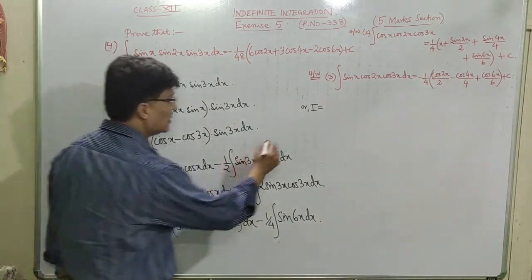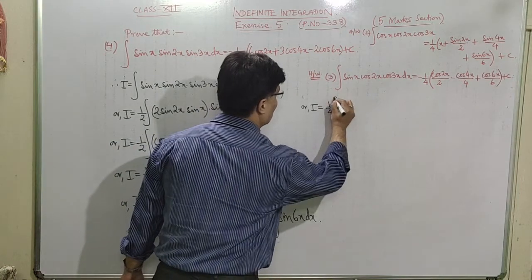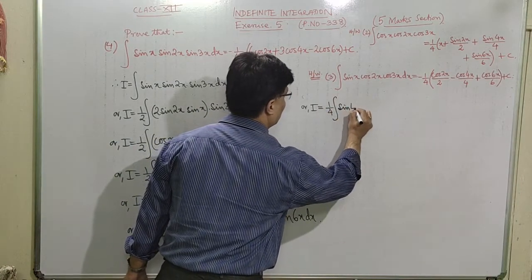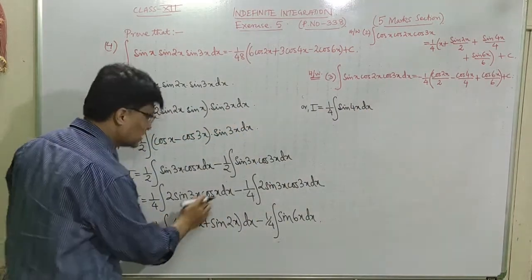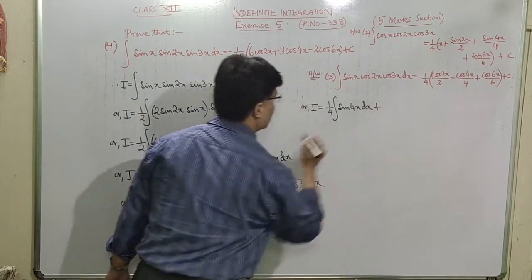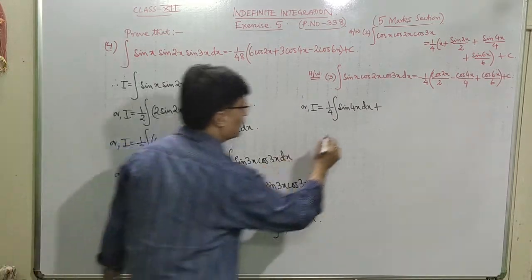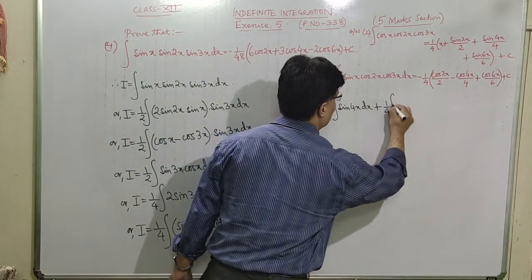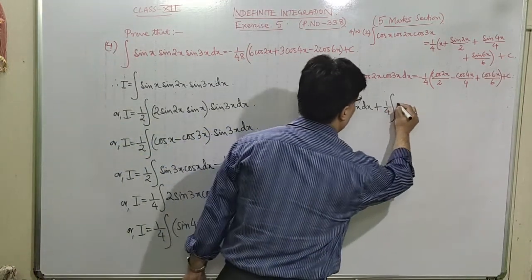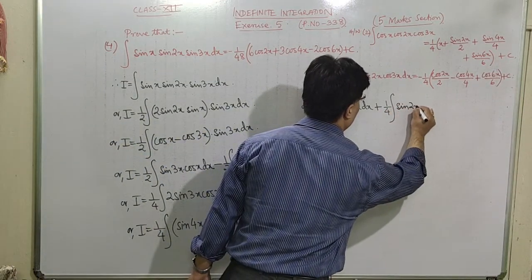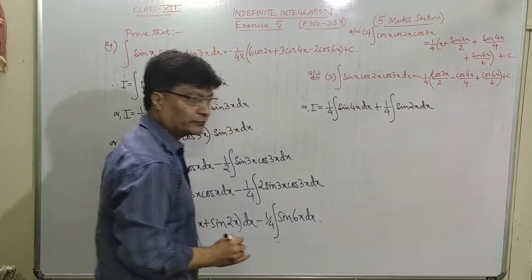Let us write it, 1/4 integration of sin 4x dx. Then plus sign, again 1/4 integration of, what is there? It is sin 2x dx.